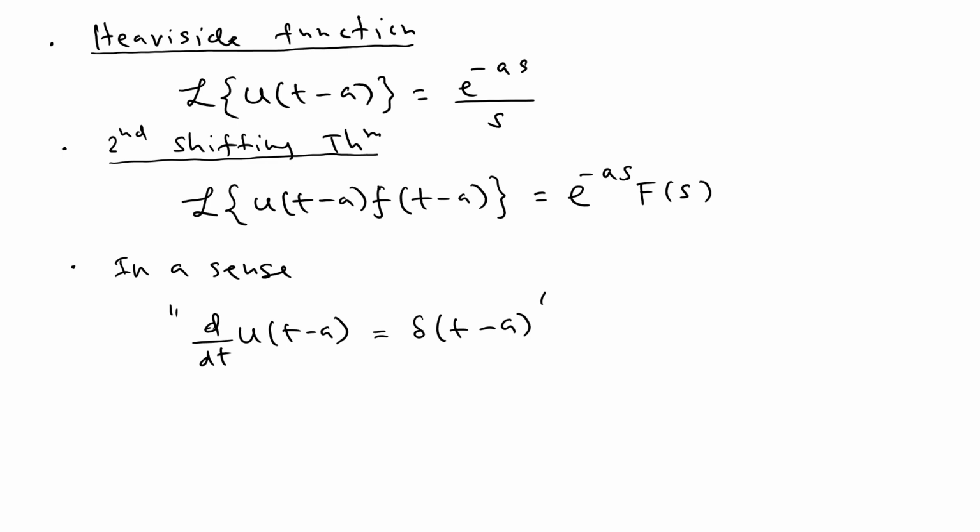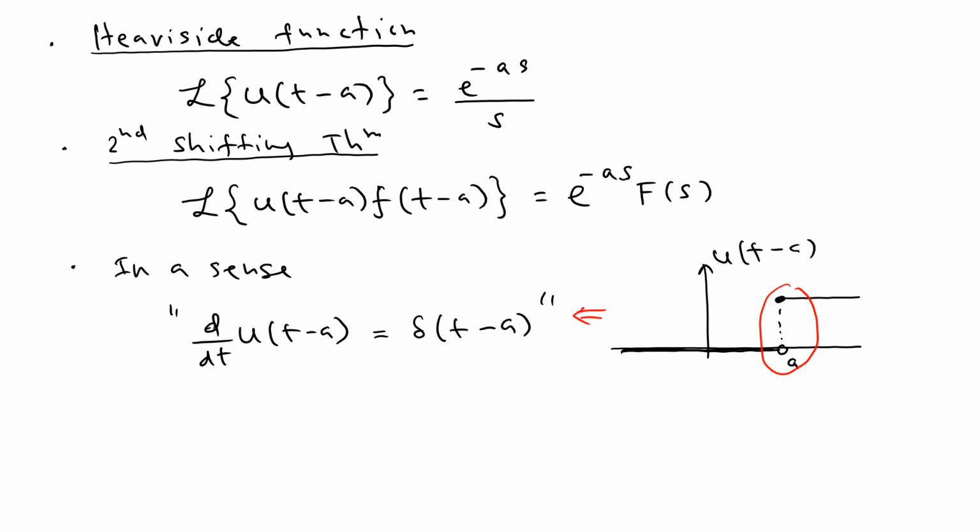It's a kind of idea. So let's look at the graph. You can see that u(t minus a) suddenly jumps to that value at a and then stays there. There's a big jump at that point, and then it stays. This kind of explains the situation. So we can think of it like that, just an idea.